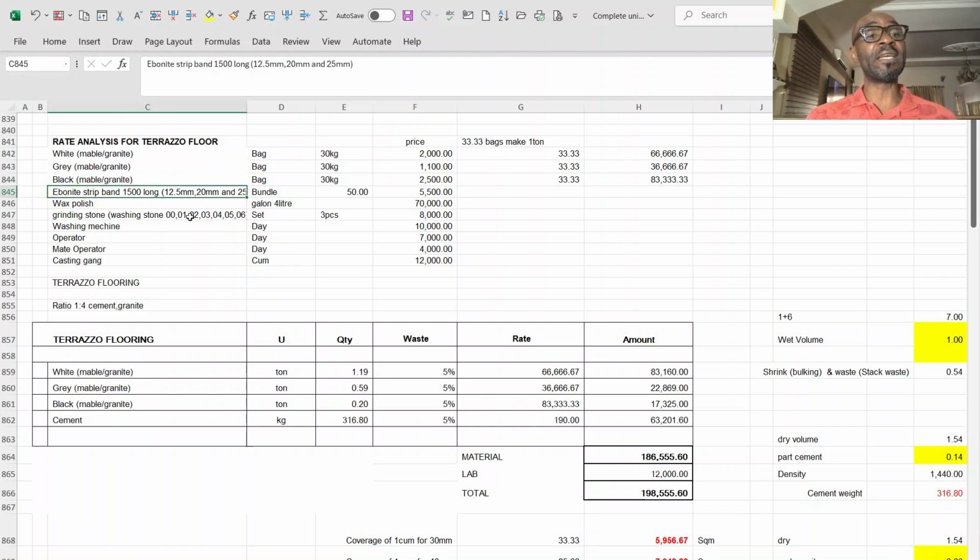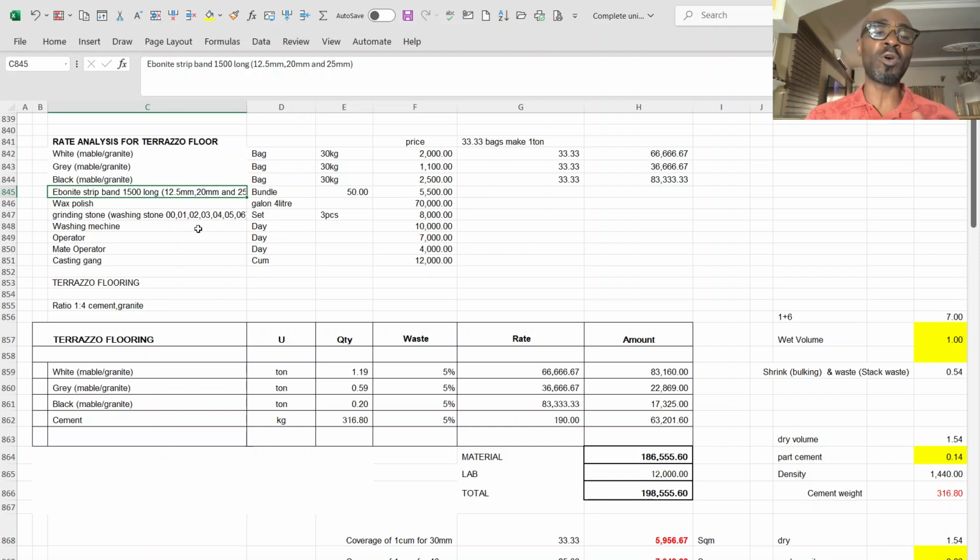Then we have the ebonite strip band. In some cases, the client will require that you partition the floor into square shapes using this ebonite strip, the thickness of which ranges from 20 mm, 25 mm, and 12.5 mm. And the length per one is about 1.5.